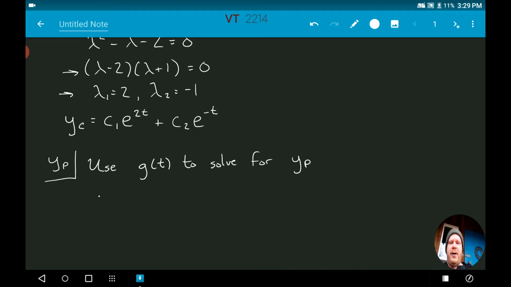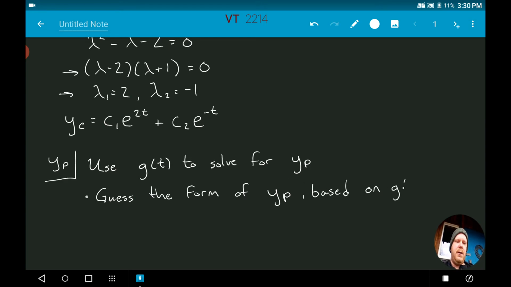Specifically, we're going to first off guess the form of the particular solution based on our g of t.